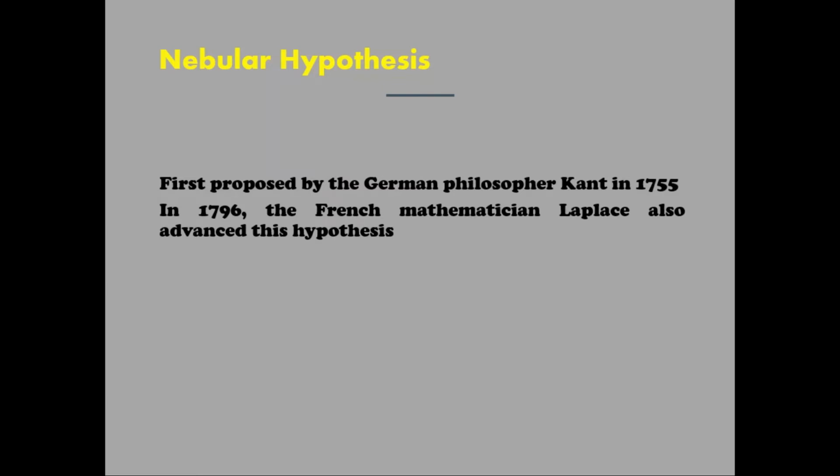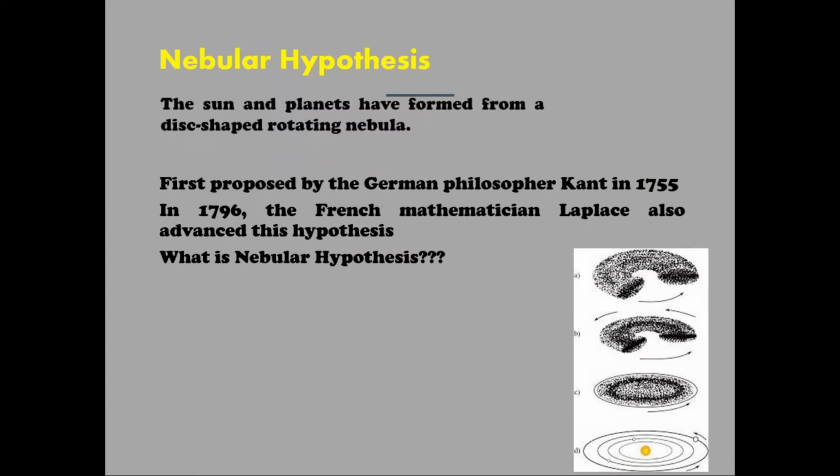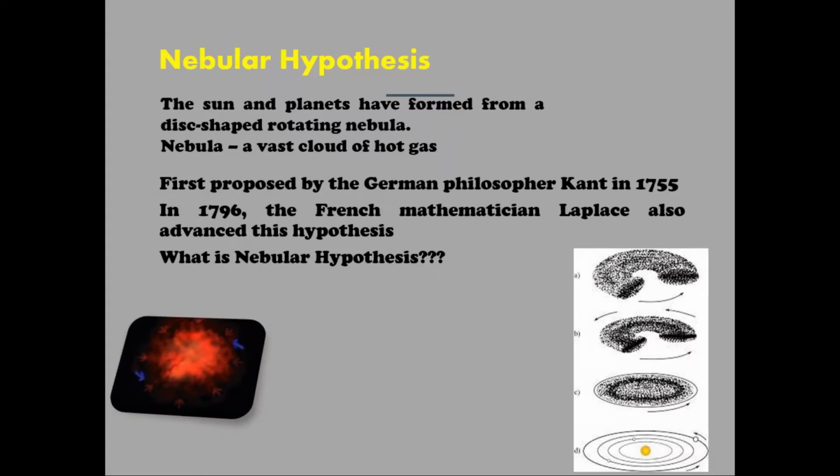According to this theory, the Sun and the planets have formed from a disc-shaped rotating nebula. So what is nebula? A nebula is a vast cloud of hot gas. How gas is converted into planets is what the Nebular Hypothesis is about.